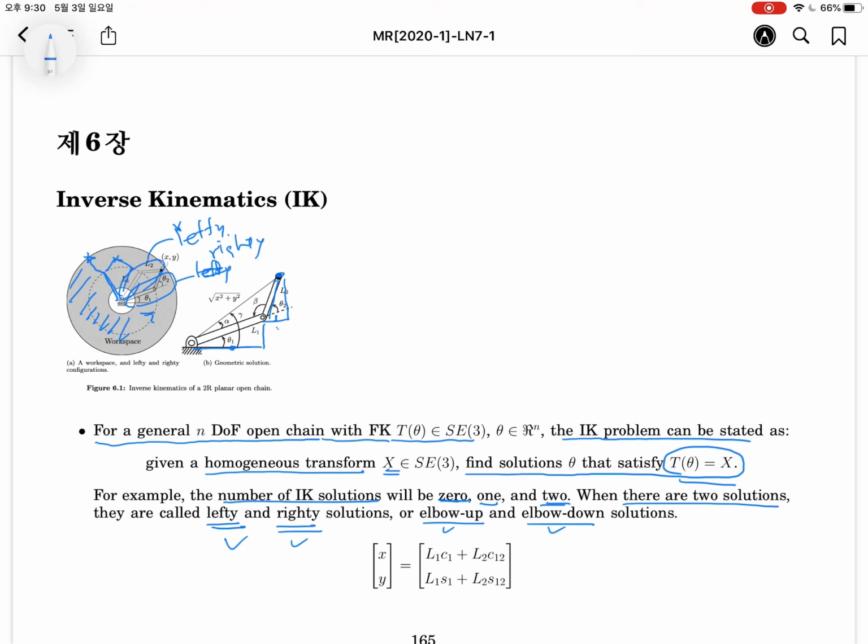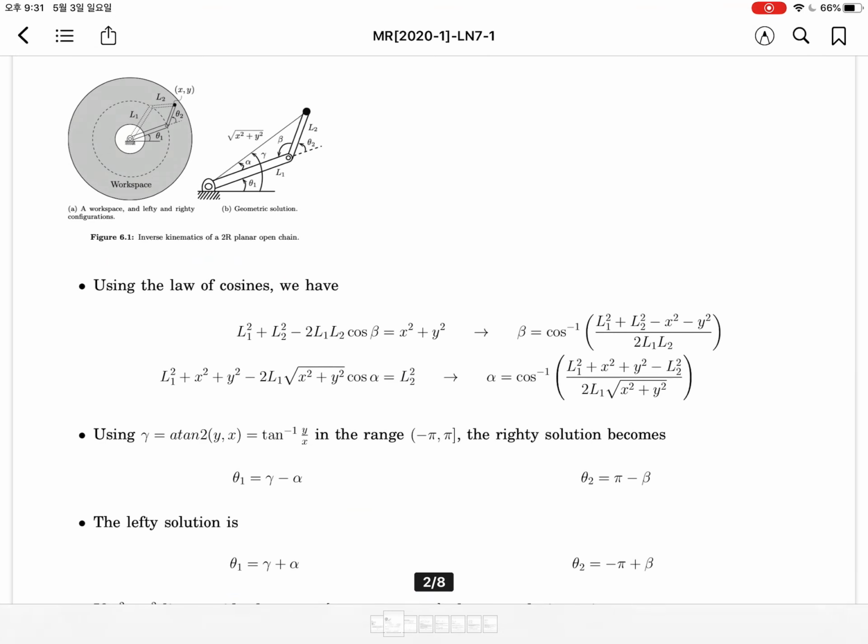This is θ1. L2 cosine(θ1 + θ2). By adding L1 cosine θ1 plus L2 cosine(θ1 + θ2), we get the x coordinate of the end effector of the robot system. Using the sine, we can represent the y coordinate of the end effector.